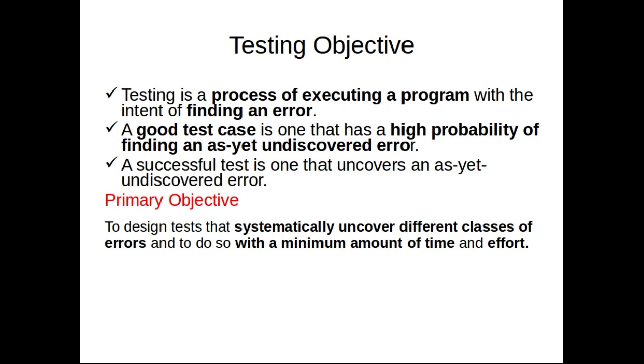A successful test is one that uncovers an as yet undiscovered error. So the primary testing objective is to design tests that systematically uncover different classes of errors and to do so with minimum amount of time and effort.